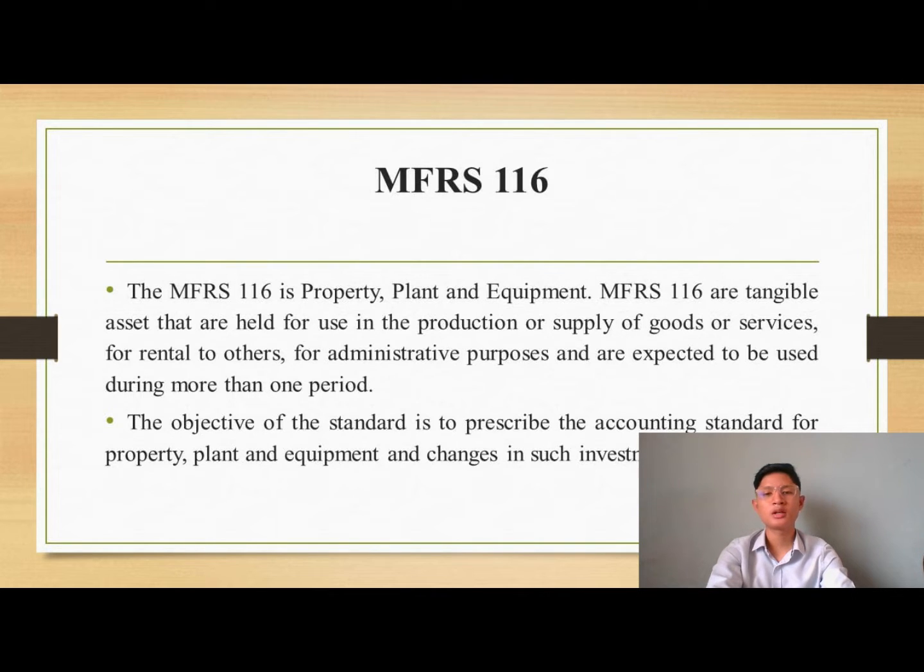These are tangible assets that are held for use in the production or supply of goods or services, for rental to others, for administrative purposes, and are expected to be used during more than one period. The objective of the standard is to prescribe the accounting treatment for property, plant and equipment and changes in such investment.